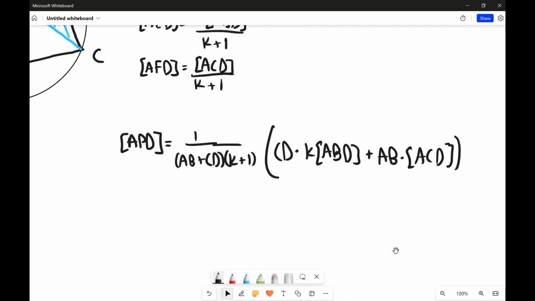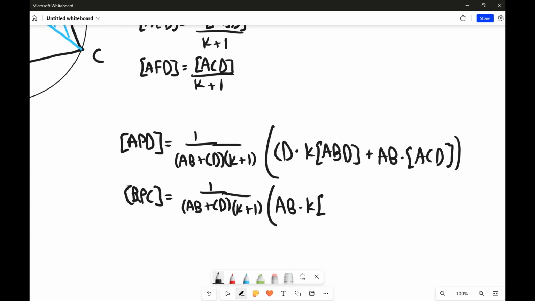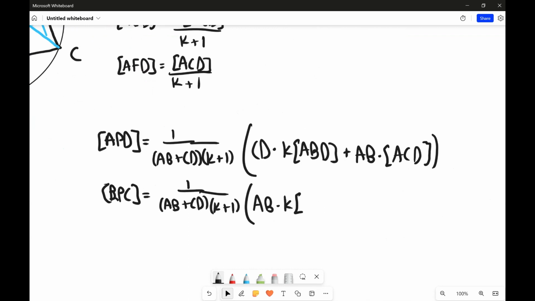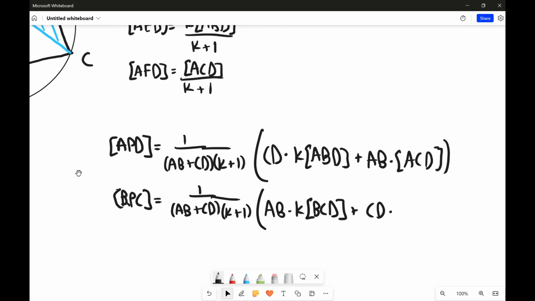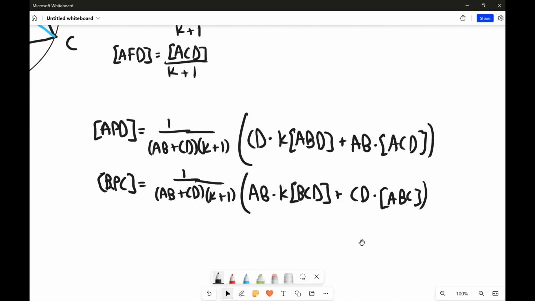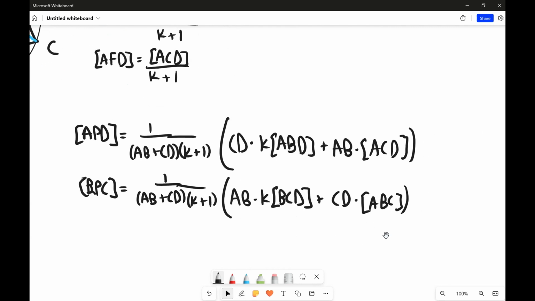Doing so, we end up getting that the area of BPC is equal to 1 over this big constant on the bottom times AB times k times the area of BCD plus CD times the area of ABC. And now we just need to take the ratio between these two and show that it's constant.